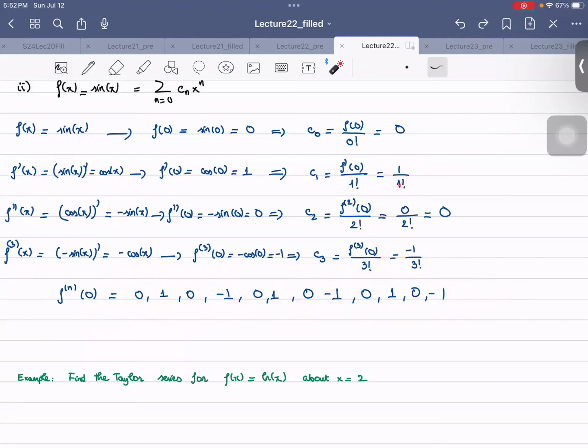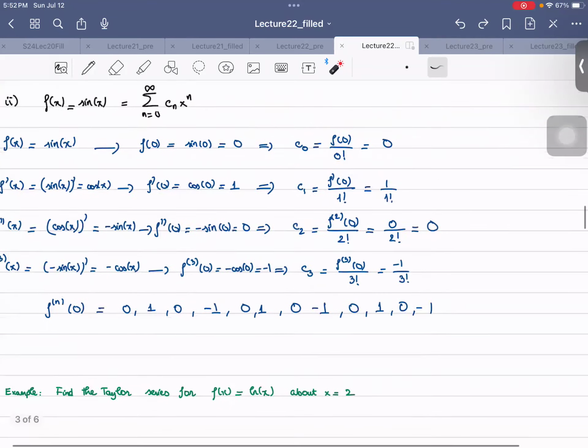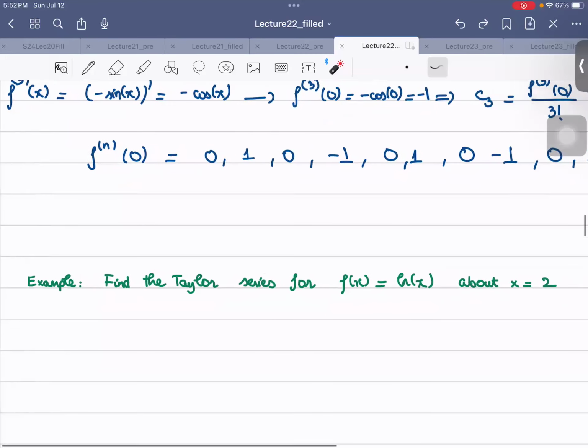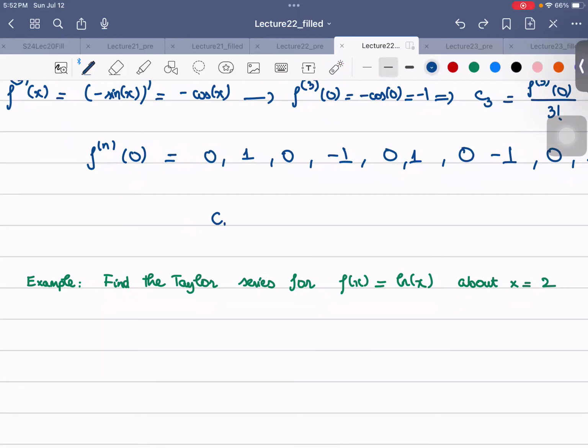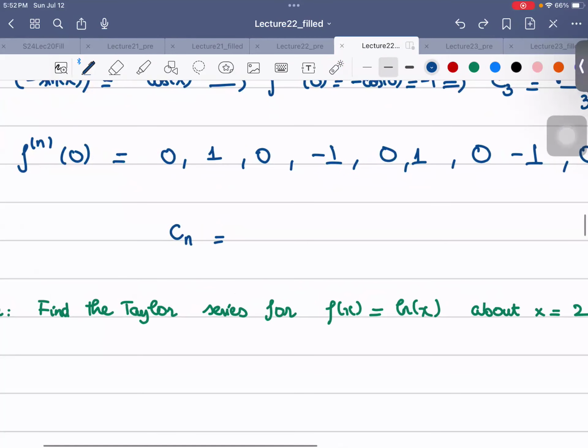For the denominator, it just becomes 1 factorial, 2 factorial, 3 factorial, and 4 factorial. So Cn will be negative 1 to the power of m, divided by 2m plus 1 factorial, with the power of x being 2m plus 1.